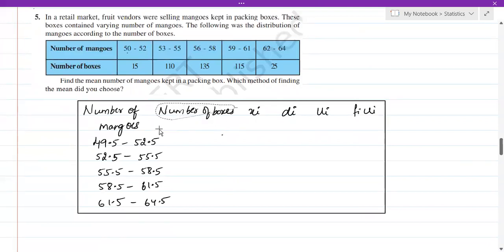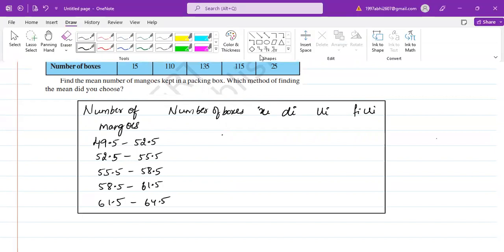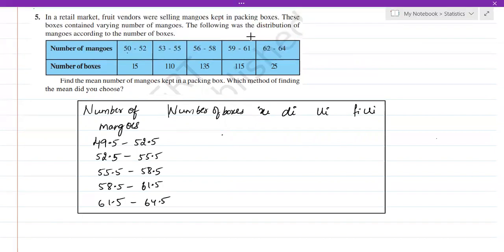Let's move this a bit that side. Yeah, now it's fine. Let's finish constructing this table.